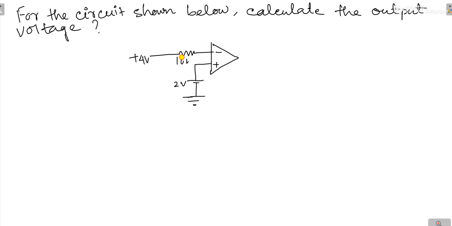This is 10 kilo ohm, and the feedback resistor is 30 kilo ohm. So you have to calculate the value of V0. This is from JAM Physics 2007 question.